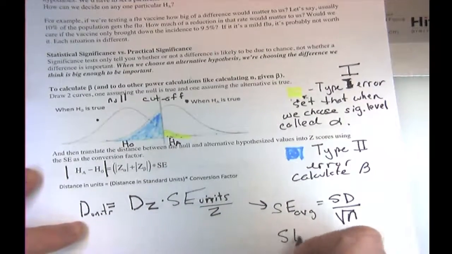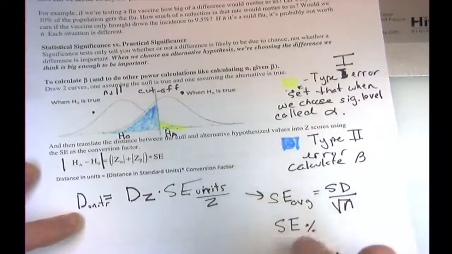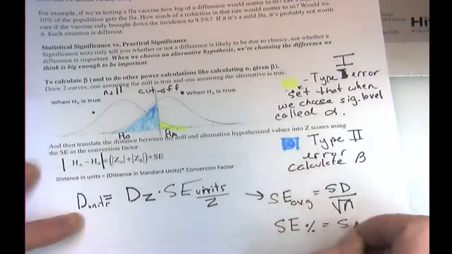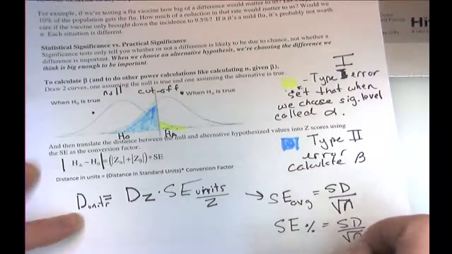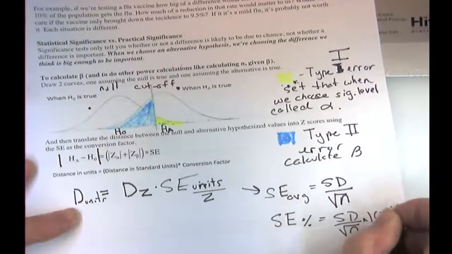If it's a percent problem, it would be the same exact thing, but we'd change this decimal to a percent by multiplying by 100. So I'll put a little percent there.